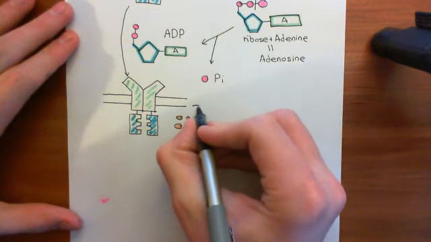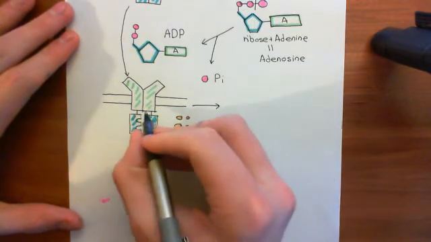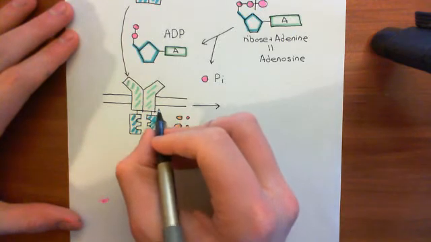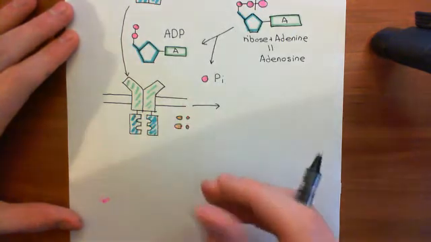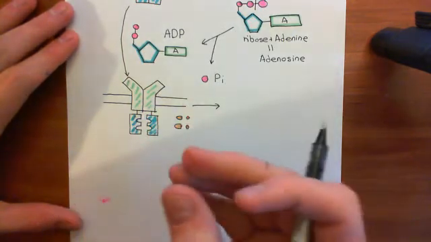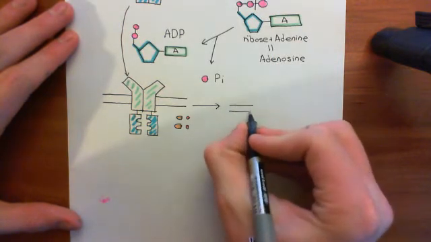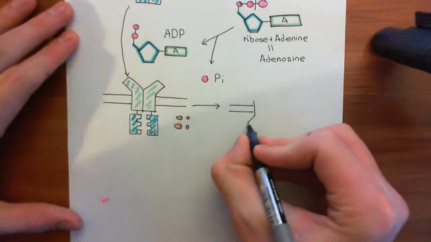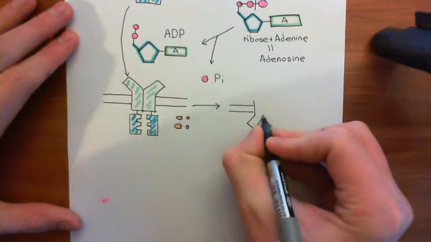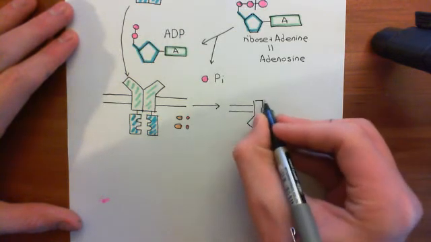And now what will happen is once the nucleotide binding domains have fallen apart like this, then the transmembrane domain will return to the inwardly facing conformation. Okay, right, so this is what it will then return to, and now we're back to square one basically.